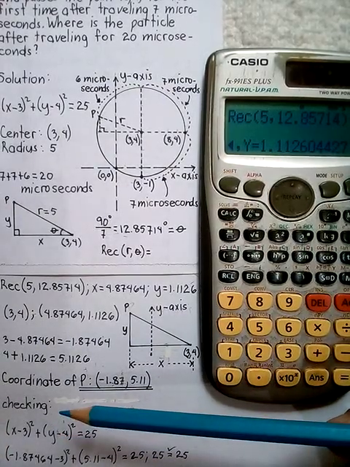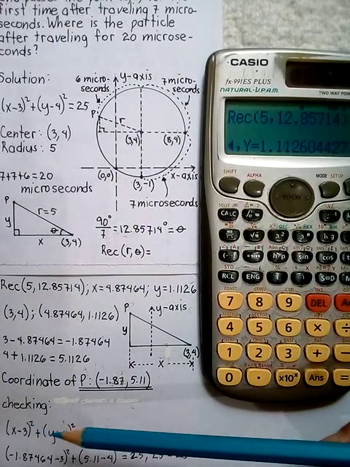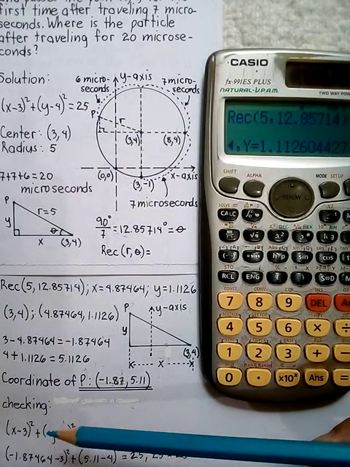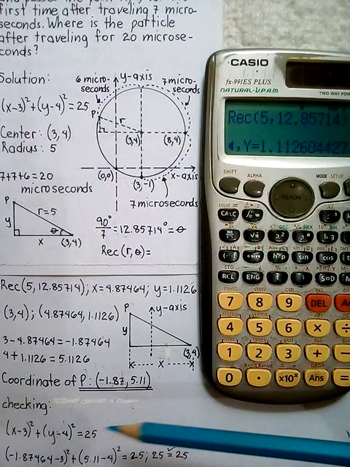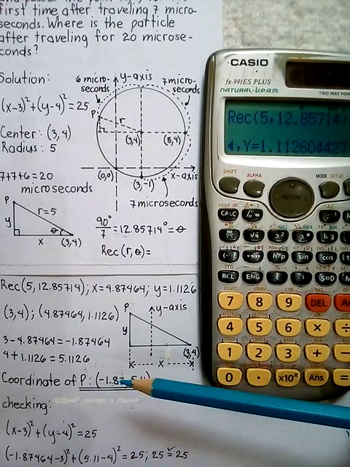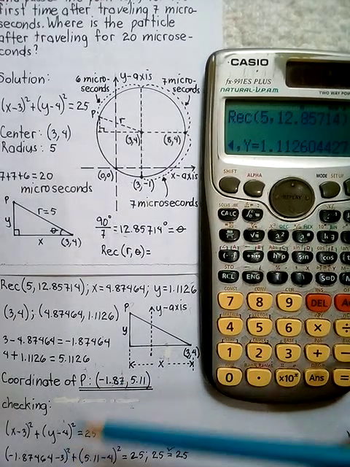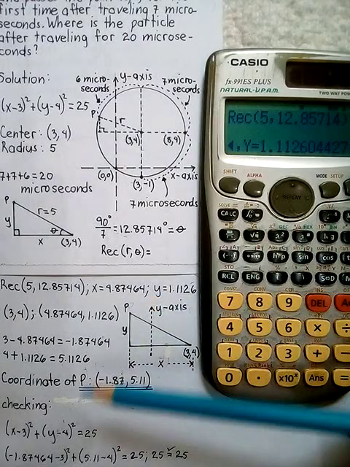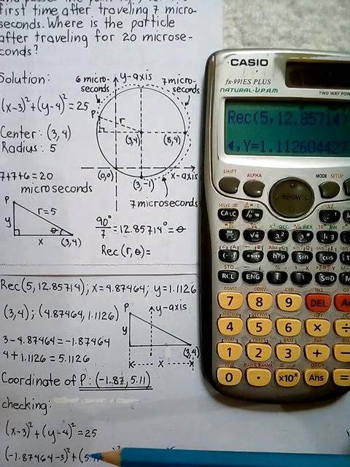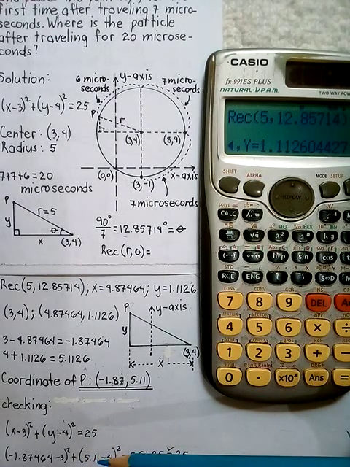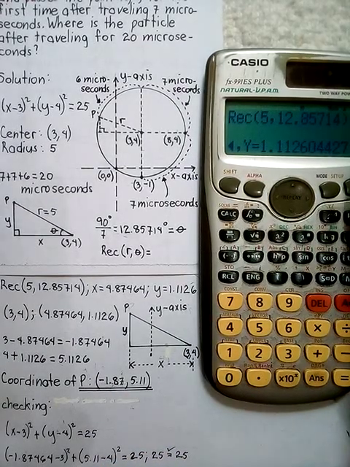To be sure that our answer is correct, let's do the checking. We have the equation of the circle, (x minus 3) squared plus (y minus 4) squared is equal to 25. Replace x with negative 1.8 something. We will substitute the original value for a more accurate answer, and replace y by 5.11 squared.